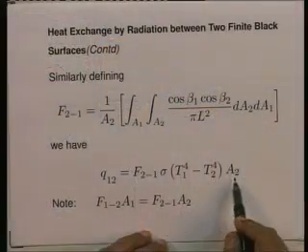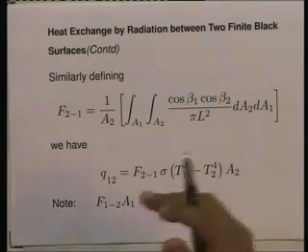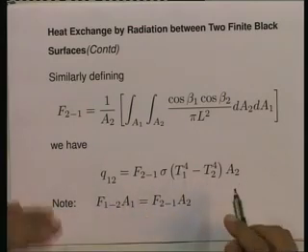Secondly, we have expressed it in terms of F1 to 2 and said Q1 to 2 is equal to F1 to 2 sigma T1 to the power of 4 minus T2 to the power of 4 multiplied by A1. We have expressed it also in the reverse manner by saying Q1 to 2 is equal to F2 to 1 sigma T1 to the power of 4 minus T2 to the power of 4 into A2. We got three different, all equivalent ways for the same quantity.